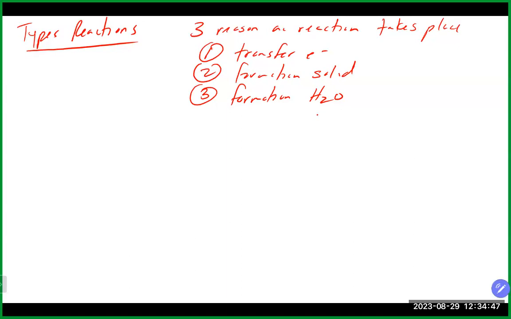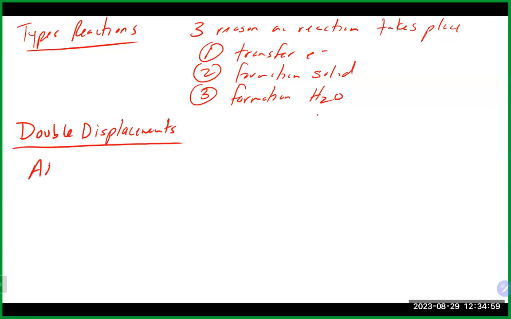There's really two big categories of types of reactions. There are double displacement reactions, which are the big umbrella of reactions. In a double displacement reaction, you have two ionic compounds.